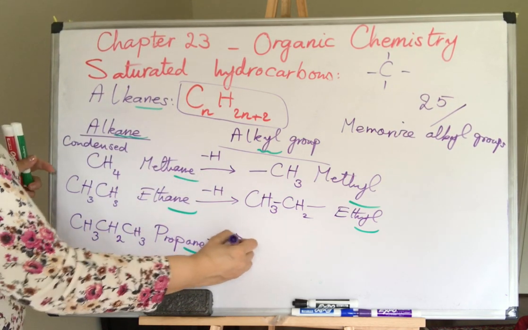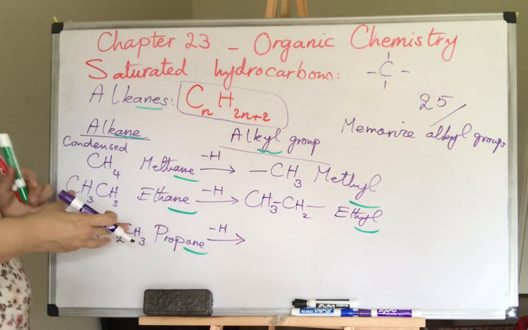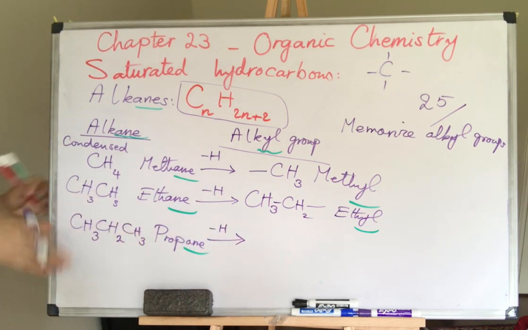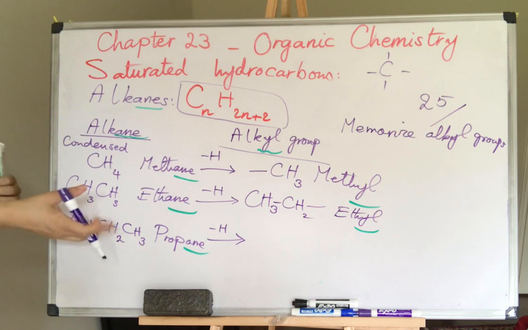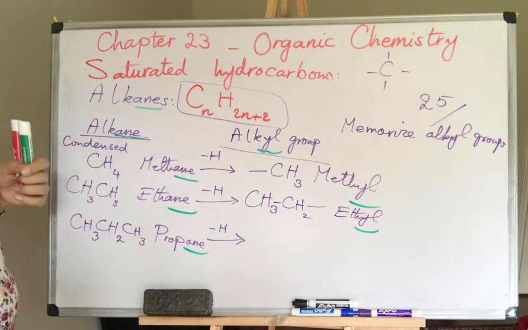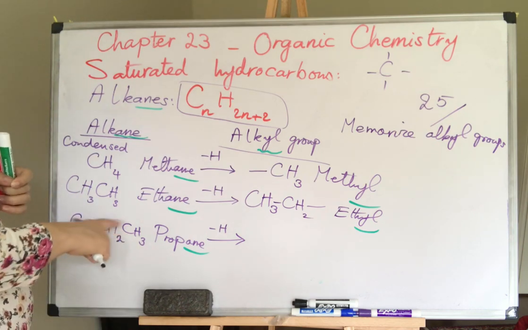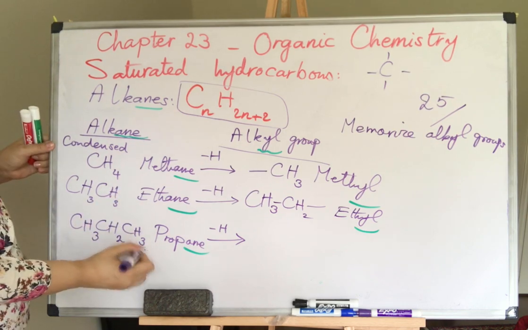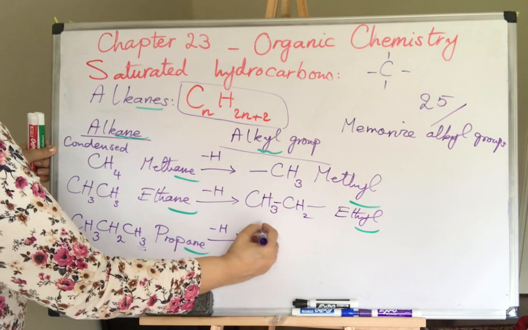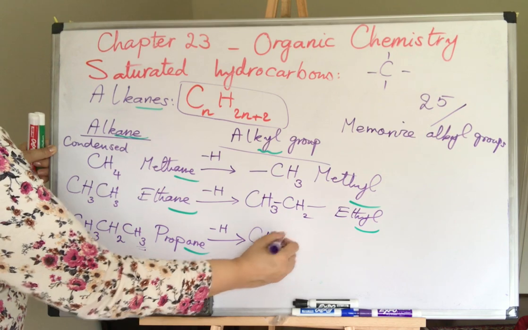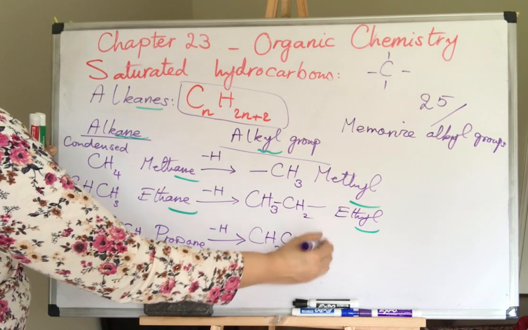Again, take a hydrogen out. Now, you see, by increasing the number of carbons, you have more choices of removing the hydrogen. So let's say we are taking this hydrogen out this time. So you have CH3, CH2 and CH2.